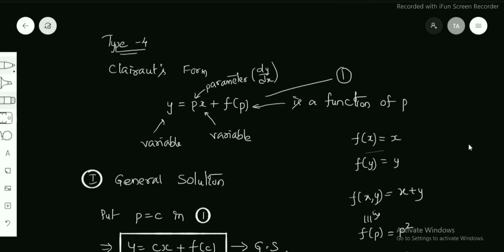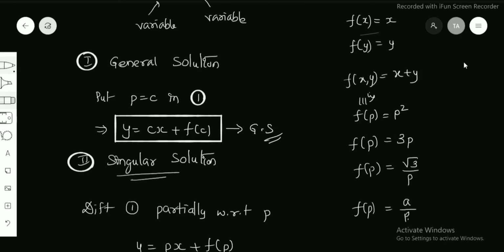To sum up these, today we will be learning about type 4, that is Clairaut's equation or Clairaut's form, and that will be in the form of y is equal to px plus f of p. In Clairaut's form, we will be finding out two solutions. One is called general solution, another one is called singular solution. To find out general solution, only one step, put p is equal to c in equation number 1.